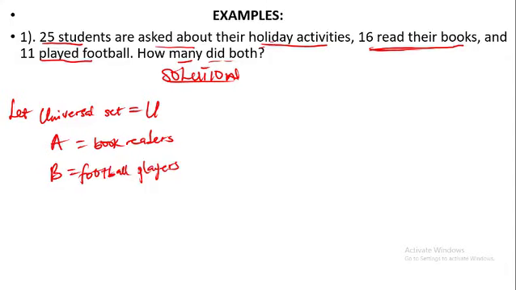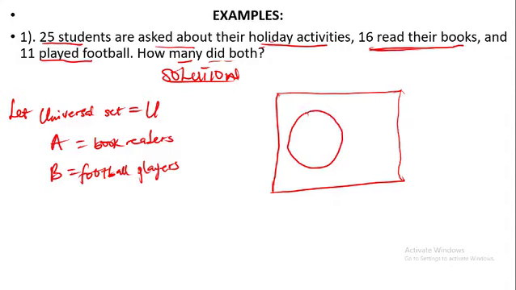Now we form a Venn diagram of the form, and we are dealing with two sets of people. So we have this as our A, then we have the second one as our B, and then here is our U, and our U is equal to the total number of students, which is 25. So we write our 25.